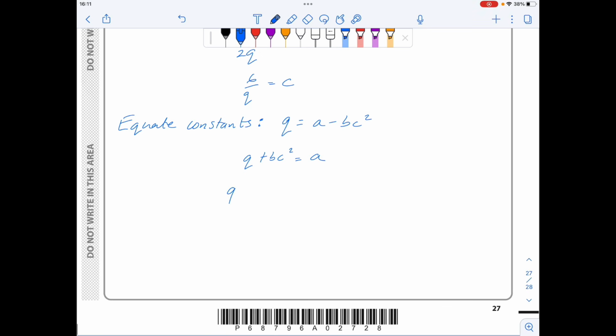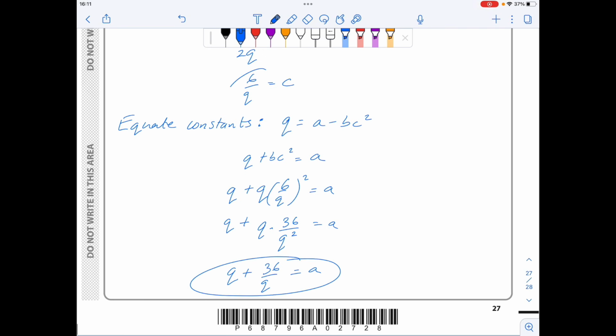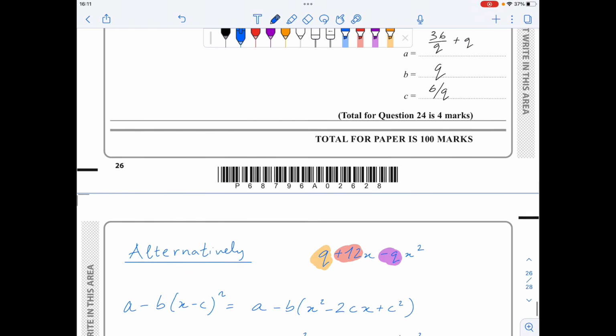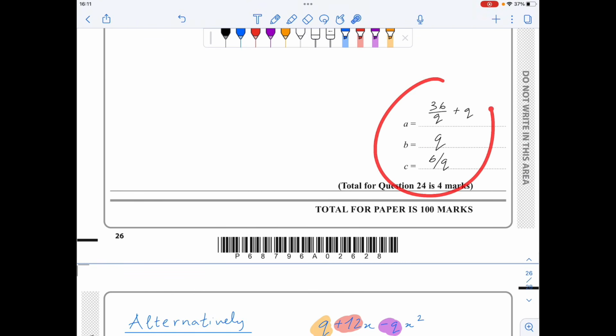Let's substitute. q plus q, 6 over q squared is equal to a. So q plus q times 36 over q squared equals a. So q plus 36 over q is equal to a. And note that the three answers we found, a, b, c, agree with what we found before.